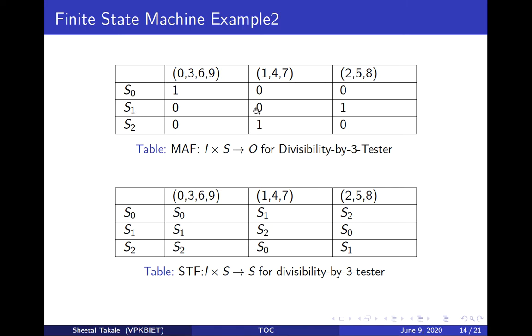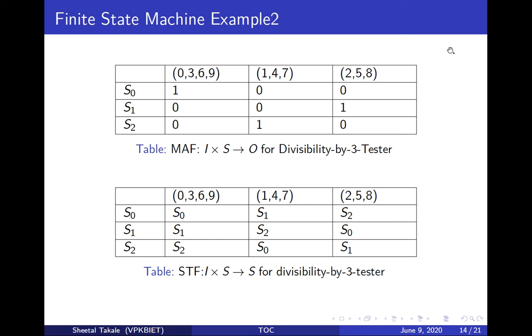Now if you consider this, the remainder here is 1 and the previous remainder is 1, hence it is not divisible. Now if you consider this, the remainder is 2 and the previous remainder is 1, so this will be divisible by 3, so it becomes 1. Now suppose the number 12.